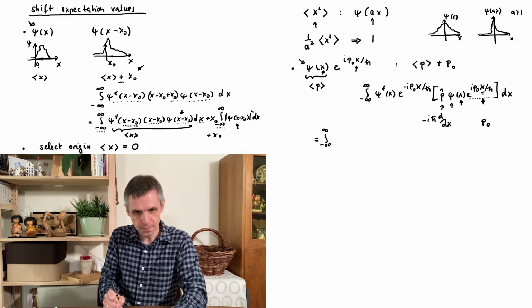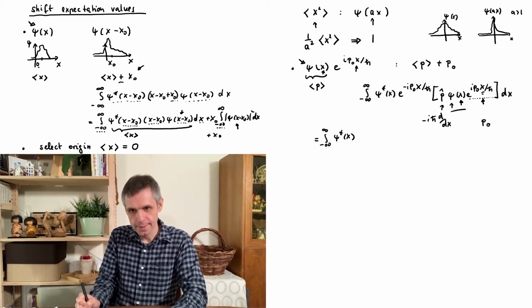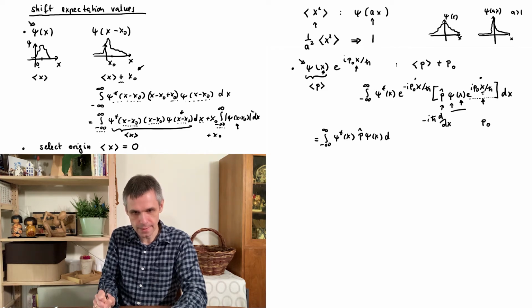One where we apply the derivative here. Then this piece and this piece will just cancel. So we have basically just p times psi of x dx. And this is our original expectation value p.